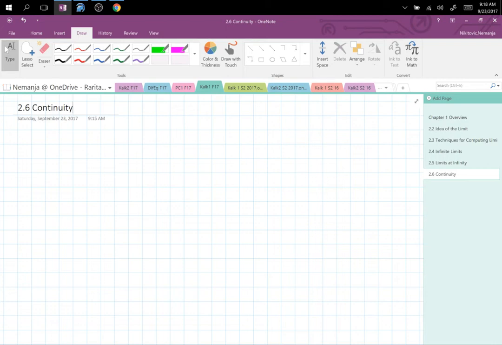So, the talk of continuity, you understand what continuity means as a word in the language. In mathematics it means the same thing.